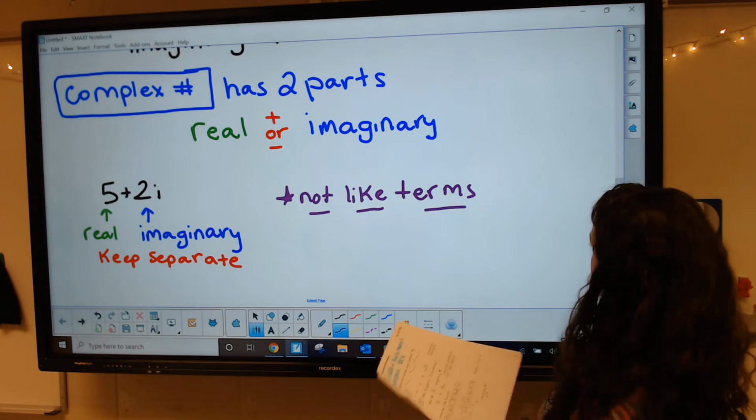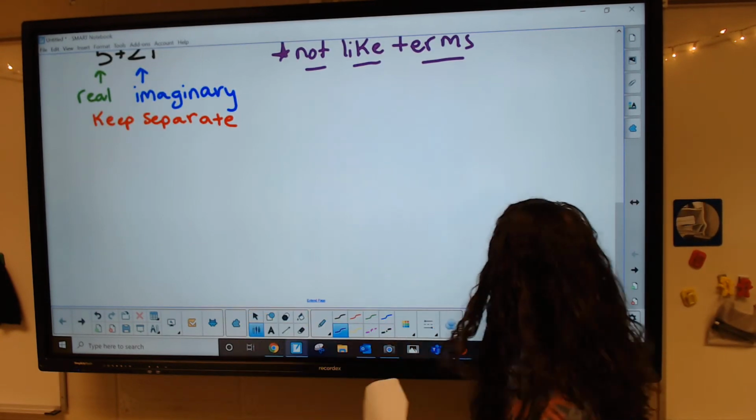So what we're going to do for just a second is combine like terms.